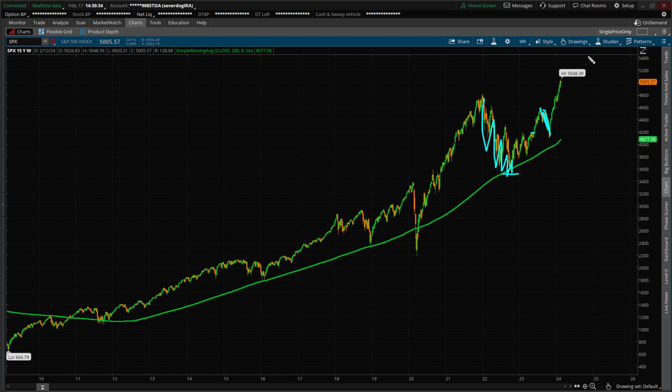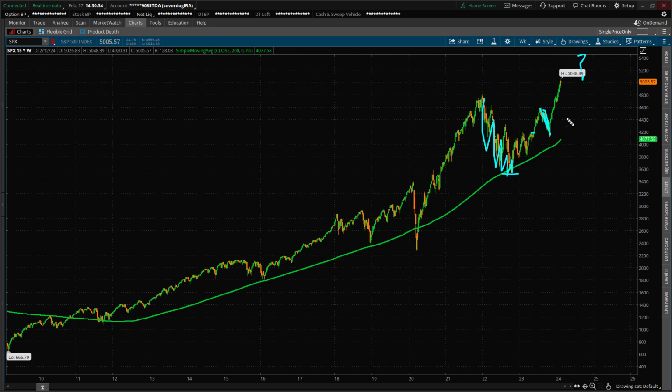Now, the question is, where's this going to end? How high is this price going to go before we'll see some really meaningful resistance and perhaps the next bear in line? Of course, we don't know that.